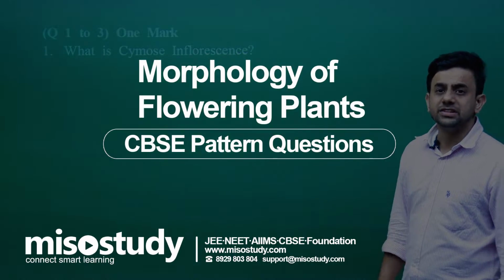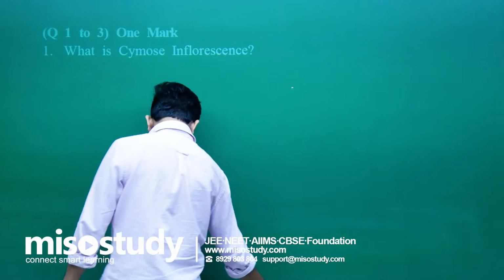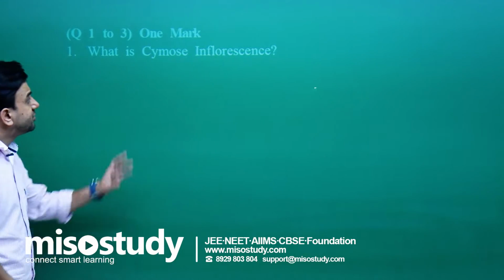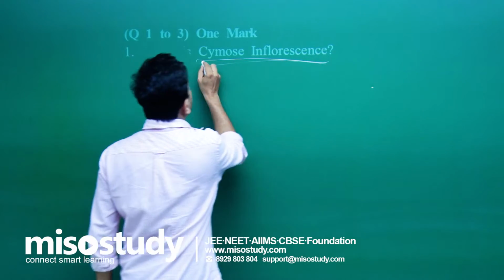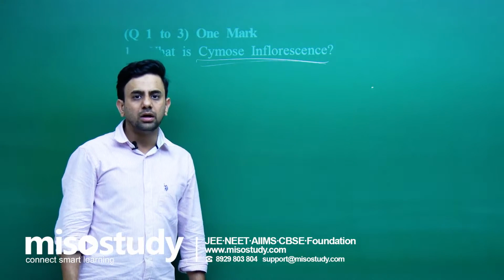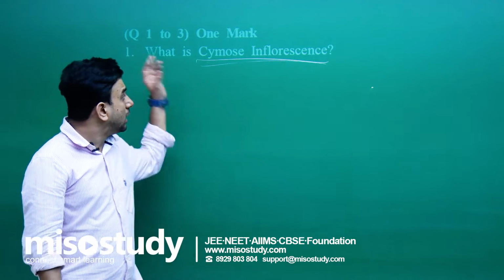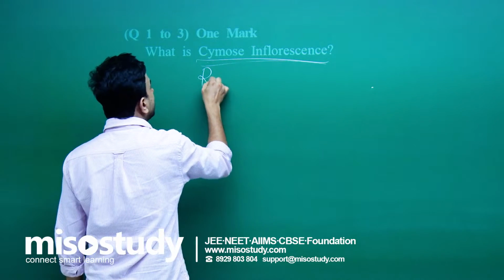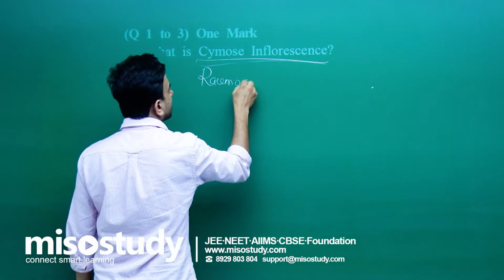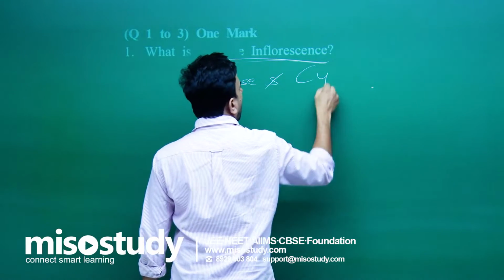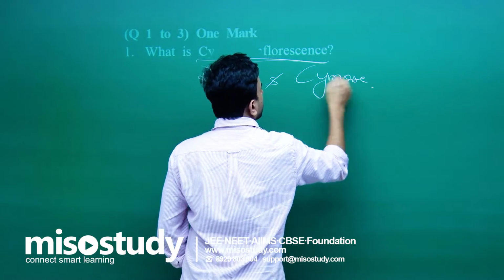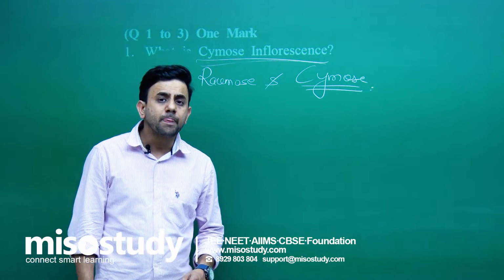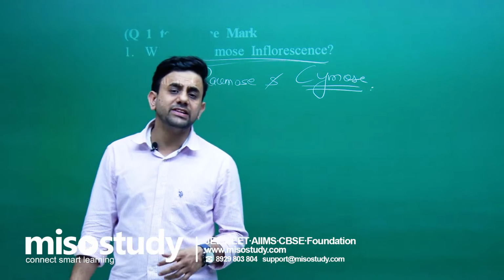What is cymose inflorescence? See what is happening here, what have we said? We have said that there are two types of inflorescence. One is racemose and the other one is the cymose type of inflorescence, and it is the cymose type of inflorescence where terminally it ends in a flower.